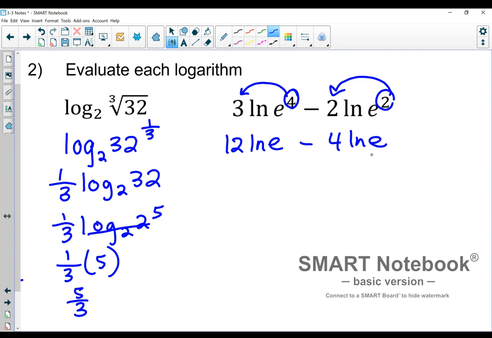And then these are like terms now. I can subtract. 12 minus 4 is 8 times the natural log of e. But if we really think about it, we remember that natural log is really base e. And e to the first power would be e. So whenever these two match, remember we just have a 1. So now I have 8 times 1, which is just 8.